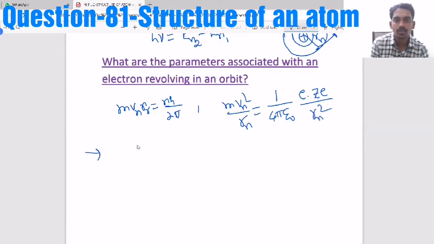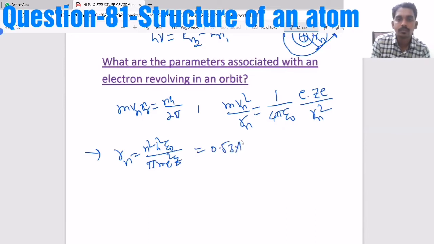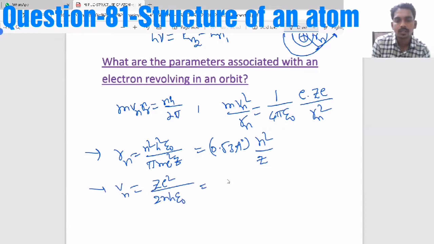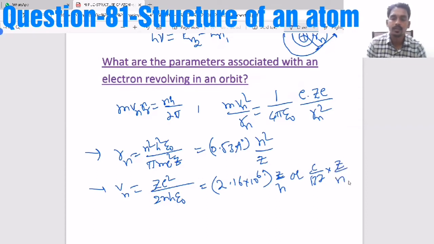From this, when you derive the relations, r_n will become n squared h squared epsilon naught by pi m e squared Z, which is approximately 0.53 angstroms into n squared by Z. And v_n equals Ze squared by 2nh epsilon naught, that is 2.16 into 10 power 6 Z by n, or c by 137 into Z by n approximately.